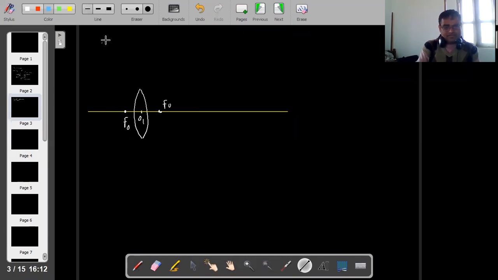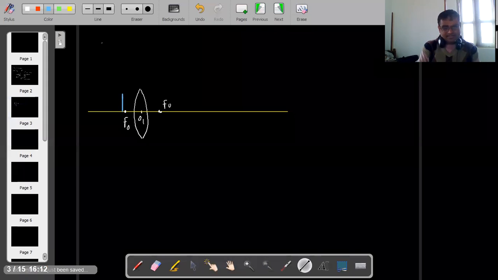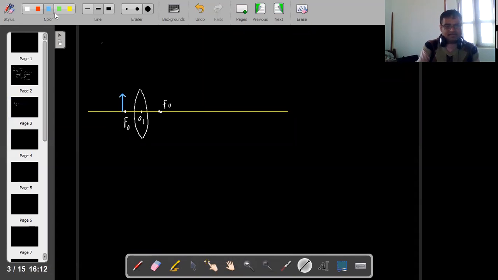Very close to FO and a very small object is taken here. Clear?